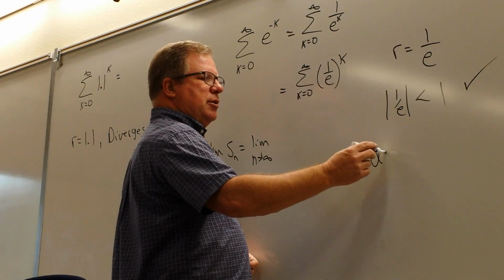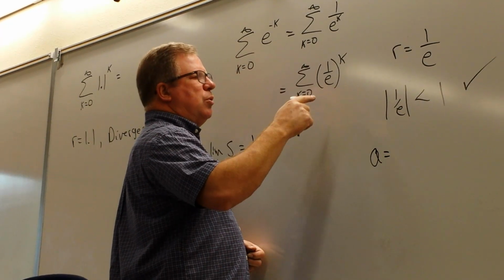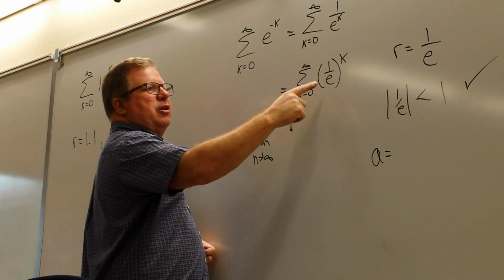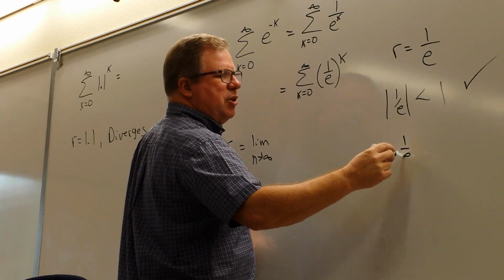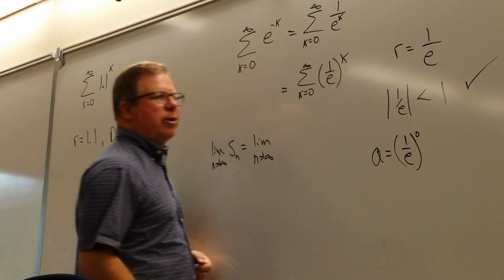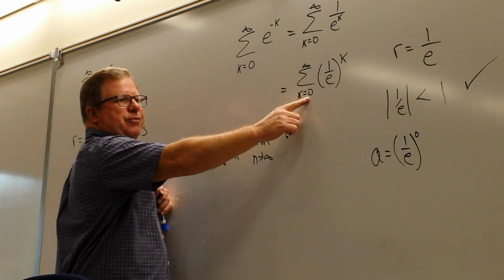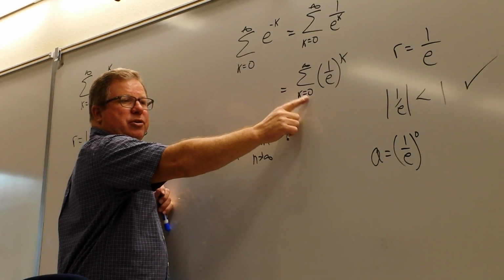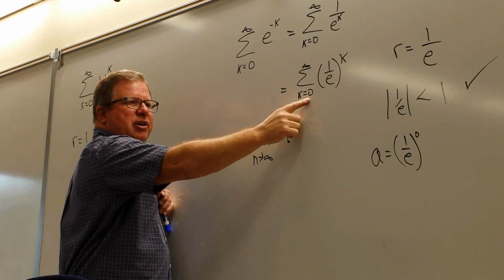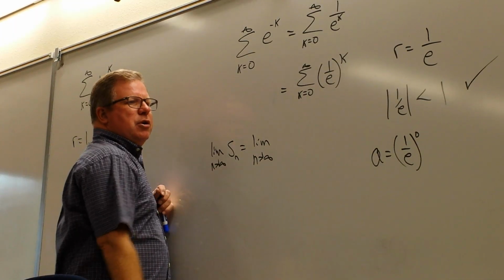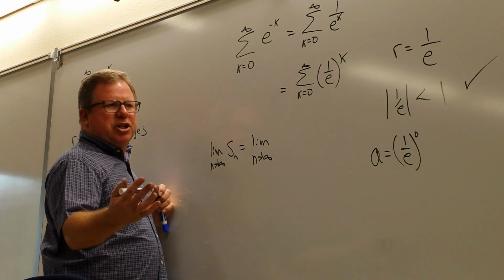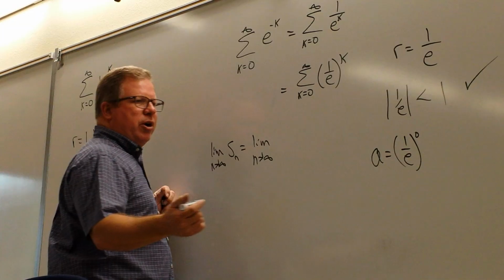So a, yes, you're correct, 1. So a is going to be 1 over e to the 0 power, because that's the first thing here. That might be a 1 there, then you would use 1. That might be a 5, then you'd use 5. 1 over e to the 0, which is? 1.